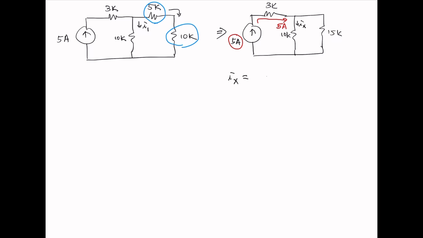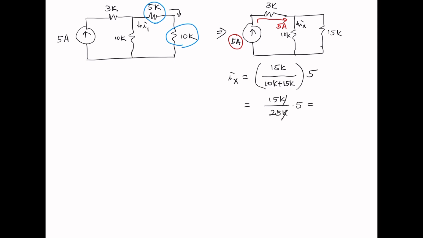Ix equals the opposite resistance over the sum of the two parallel resistors times the total current applied to these two parallel resistors, that's the 5. Therefore, we have 15K over 25K.